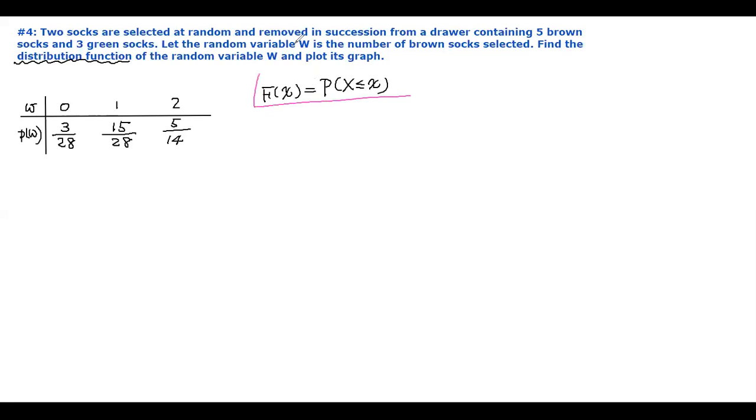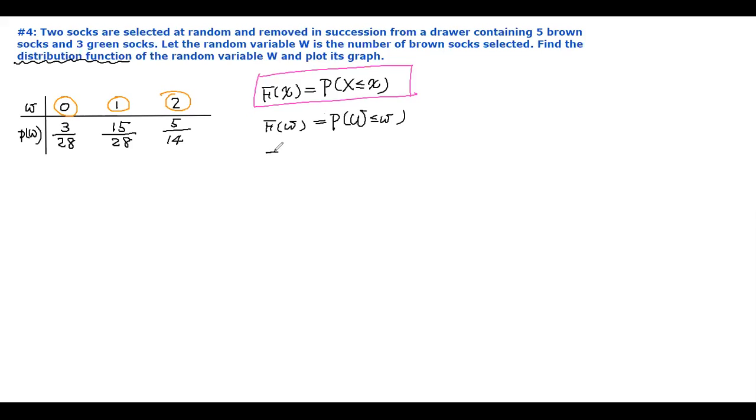This is our cumulative distribution function definition. Now we have W here, so F of w is the probability that W is less than or equal to w. Make sure we recognize here we have 3 values: 0, 1, and 2.